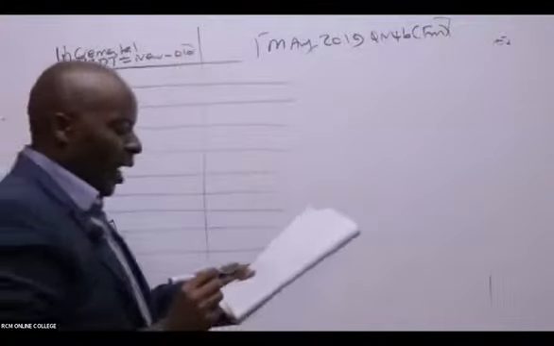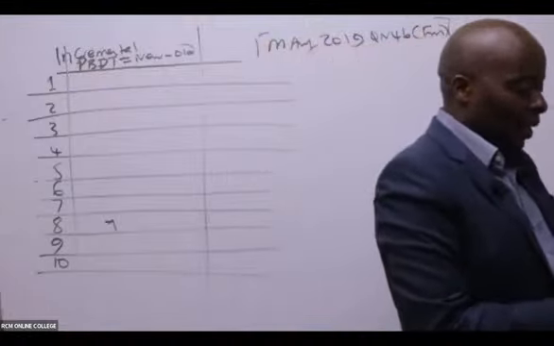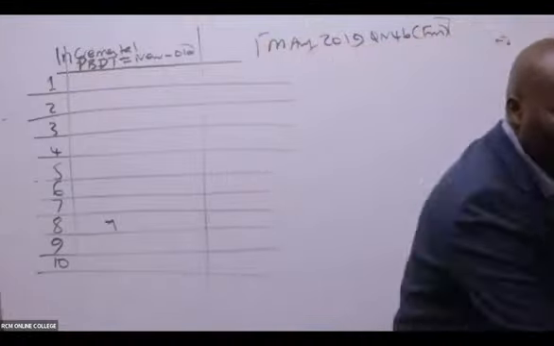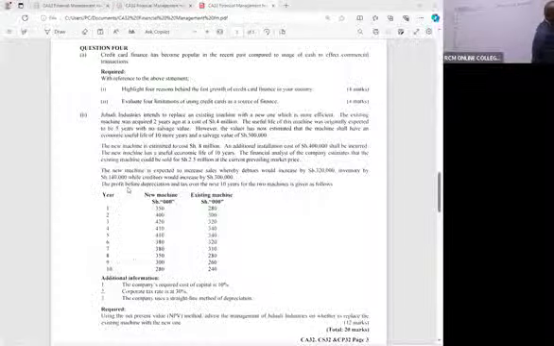I can see there, after the third paragraph, they are telling us something very special. After this third paragraph, the profit before depreciation and tax over the next 10 years are given.